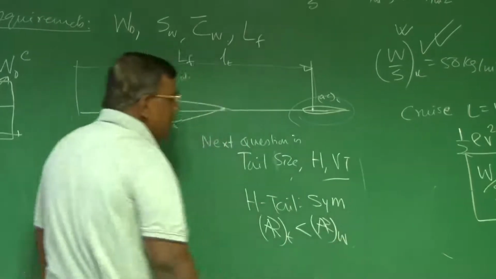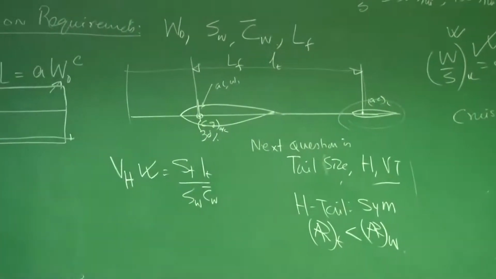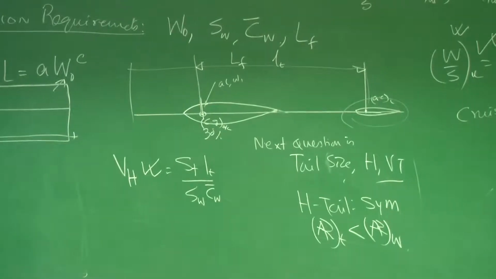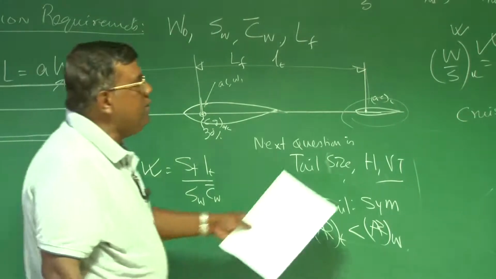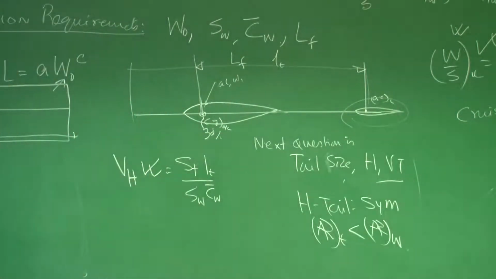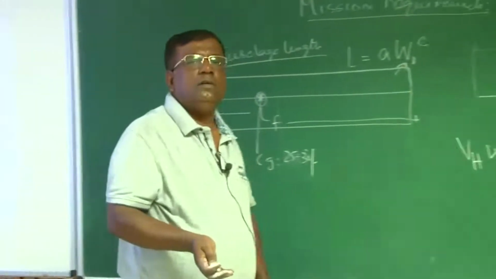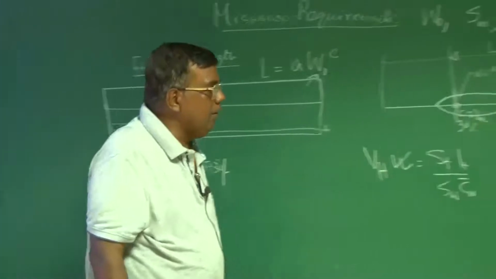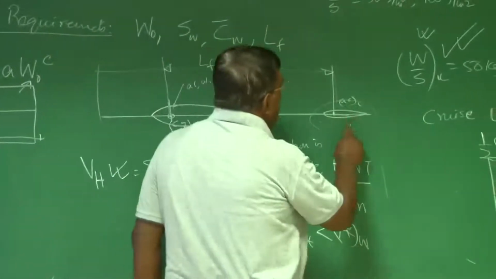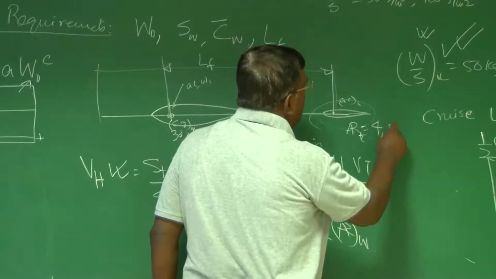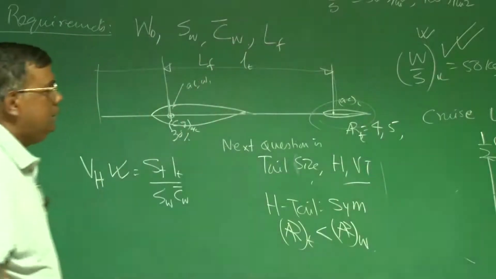The reason is that we want the wing to stall earlier than the tail, so that there is some control left. As aspect ratio decreases, the self-induced downwash also increases, so it stalls later. All those understanding you have got. So let us say I take from historical value, aspect ratio of the tail maybe 4 or 5.